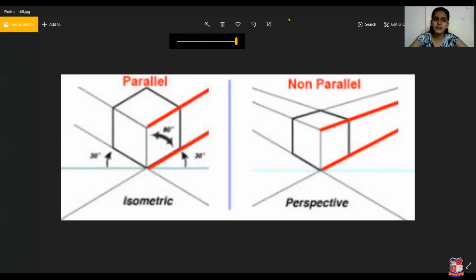Now, what are the other differences? The very first thing, we have the standard view for isometric view, and for perspective view, it will be different every time, because if the location and height of the observer are changed, the perspective view will change. But there is no such criterion for isometric view. And we can take any scale and prepare an isometric view.